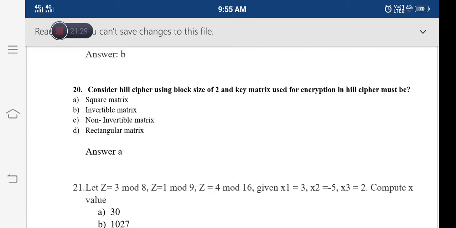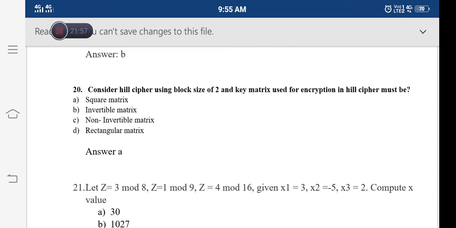So matrix K will be an M into M matrix, that is a square matrix, and one more precaution to be taken while choosing the matrix is that it should be invertible. That means I should be able to find the inverse of the matrix, because at the time of decryption I will be using K inverse.